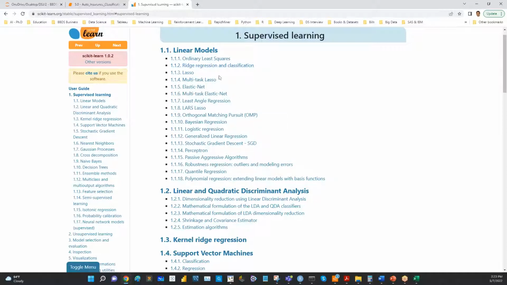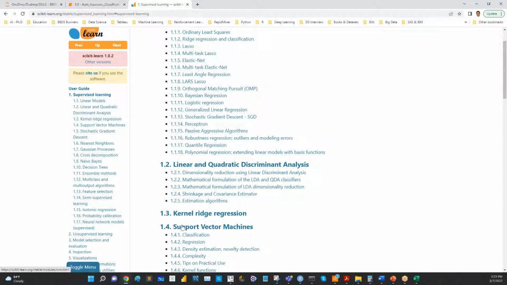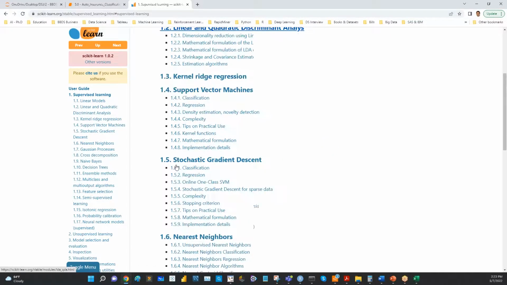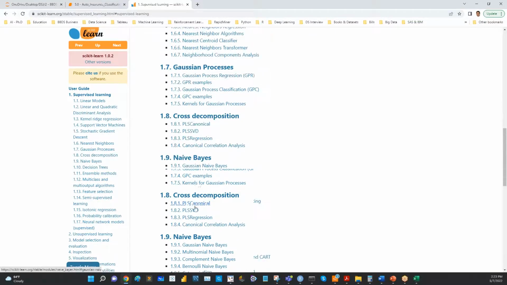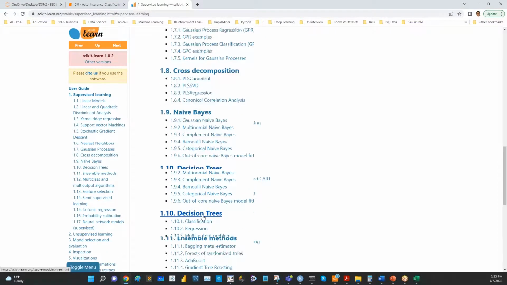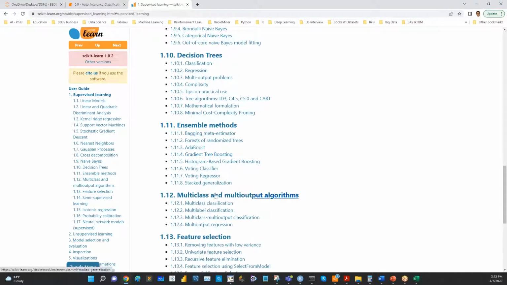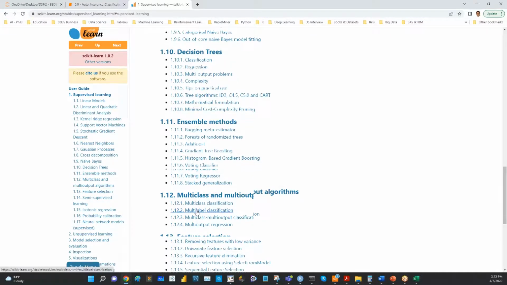Ordinary least squares, ridge, lasso, elastic net, then Bayesian regression, logistic regression, then simple linear, multiple linear, support vector machine, kernel ridge, etc. There is nearest neighbor, the others, naive Bayes, decision tree, ensemble methods. We cover all of this.